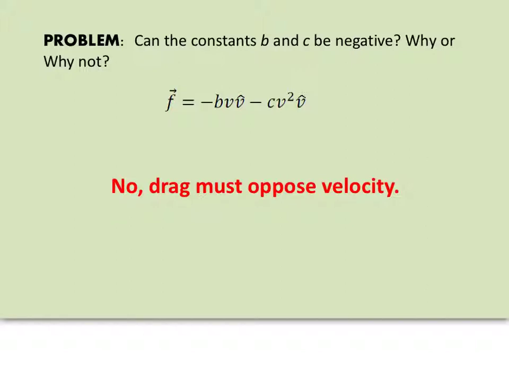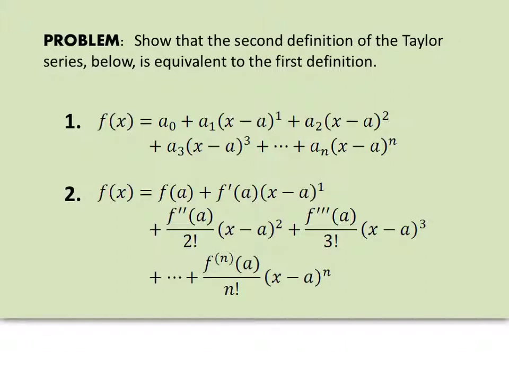Let's do some more problems, but this time let's focus more on the Taylor series. In this problem, we're going to talk about the Taylor series. You've probably used Taylor series before, but perhaps in a different context. Typically, they are used to approximate a function near a particular x value, namely x equals a. We were using them to find an approximate function for an experimental data set.